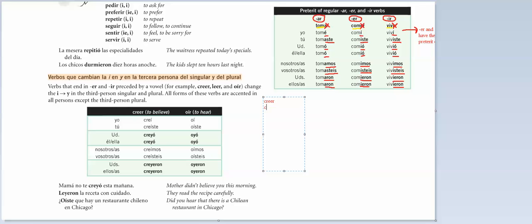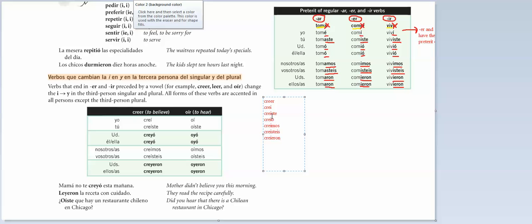If I conjugate creer out into the preterite, I would have creí, creíste, creíste, creío, creímos, creísteis, and creyeron. Okay, the problem arises if you'll notice Spanish doesn't like to have three vowels next to each other unless one of those vowels is silent.